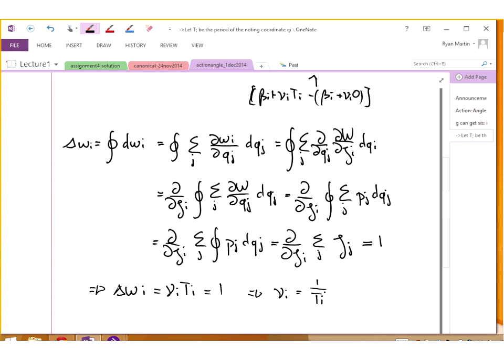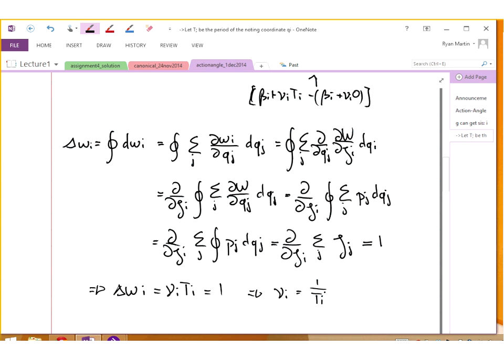That means that nu I is 1 over ti. So remember, t is the period, whatever it may be, of that particular coordinate I.